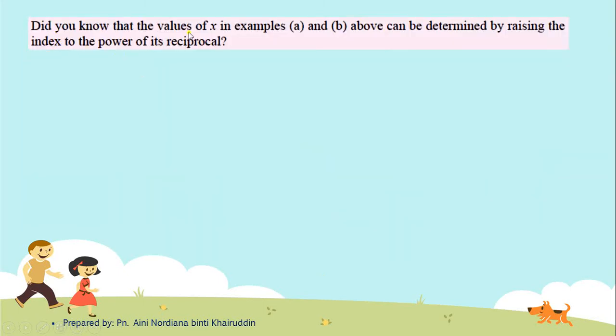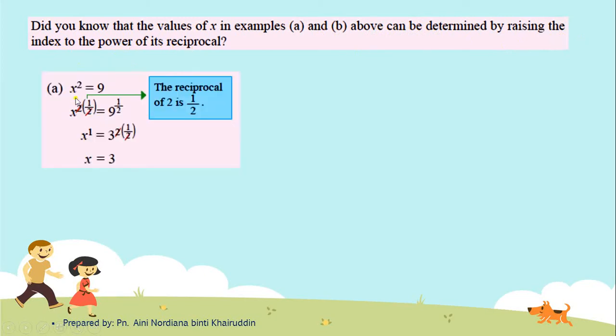Did you know that the value of x in example A and B above from my previous slide can be determined by raising the index to the power of its reciprocal? So x squared equals 9 is x squared to the power of 1 over 2. So the reciprocal of 2 is 1 over 2.